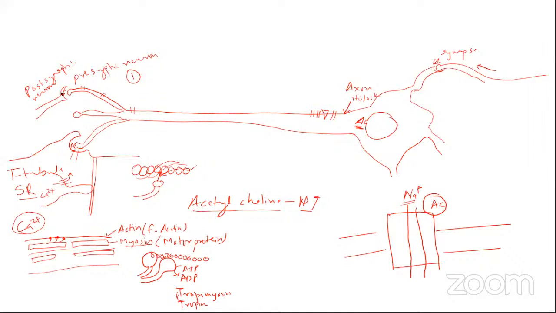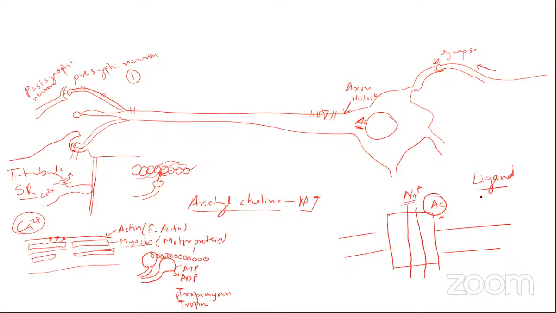And if you have a channel in the postsynaptic membrane which responds to the neurotransmitter acetylcholine in the same manner by opening up sodium ion channels, then these receptors for acetylcholine are nothing but ligand gated receptors.